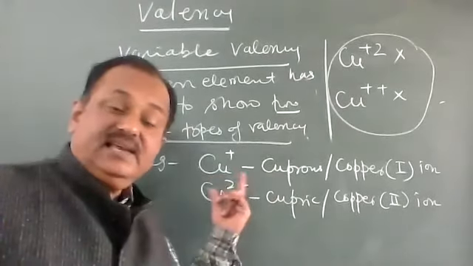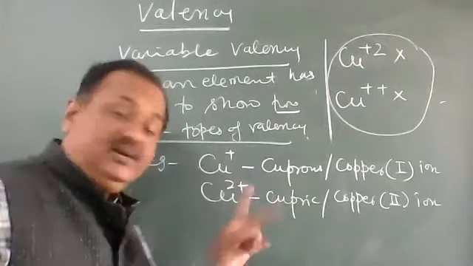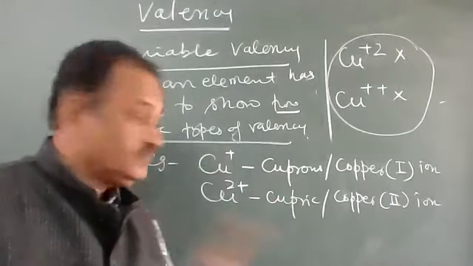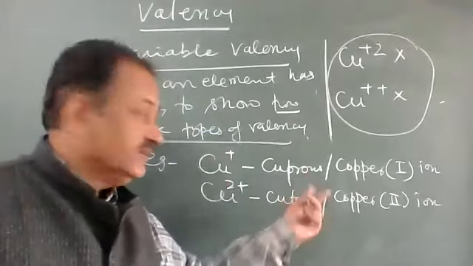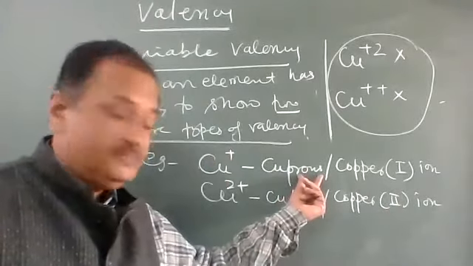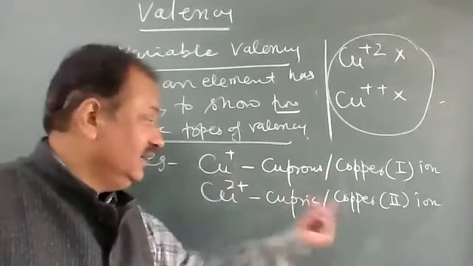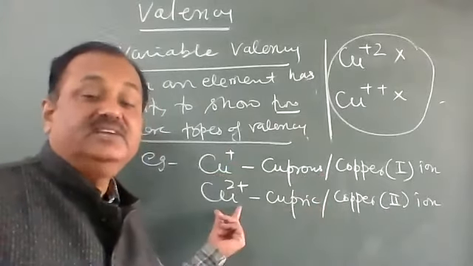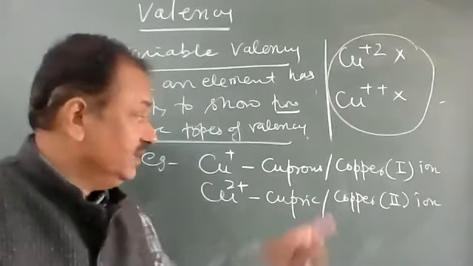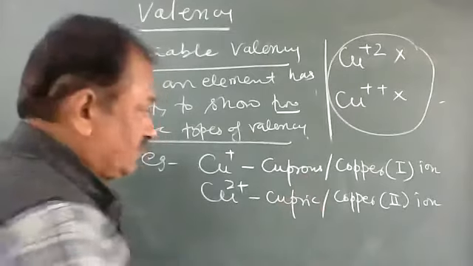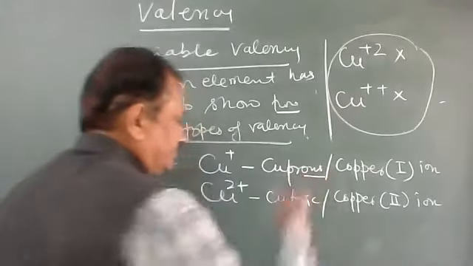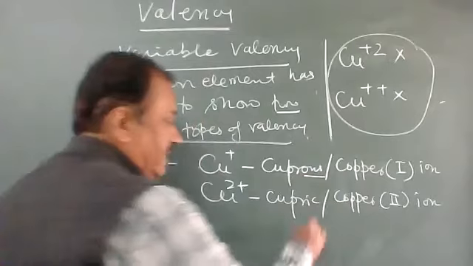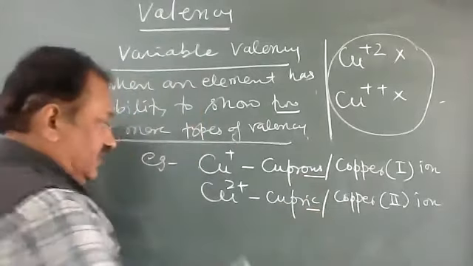In the case of copper, only two valencies are seen. The suffix -ous is used when the valency is less. -ic is used when the valency is more. Once again, -ous means less valency, -ic means more valency.